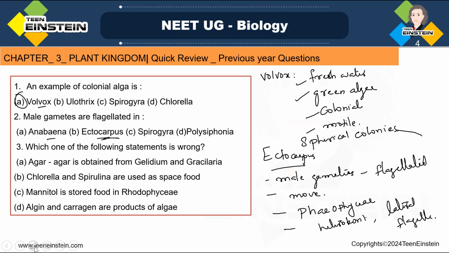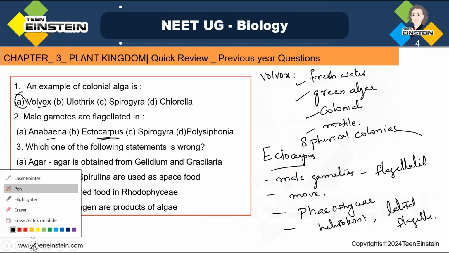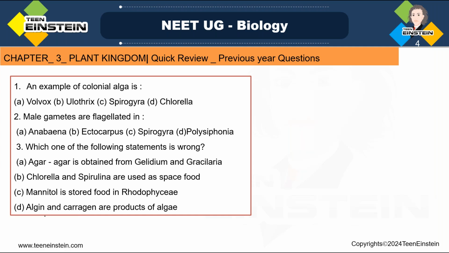Third question: which one of the following statements is wrong? Here you have to be very careful, because they are asking which is wrong. First option: agar-agar is obtained from Gelidium and Gracilaria.